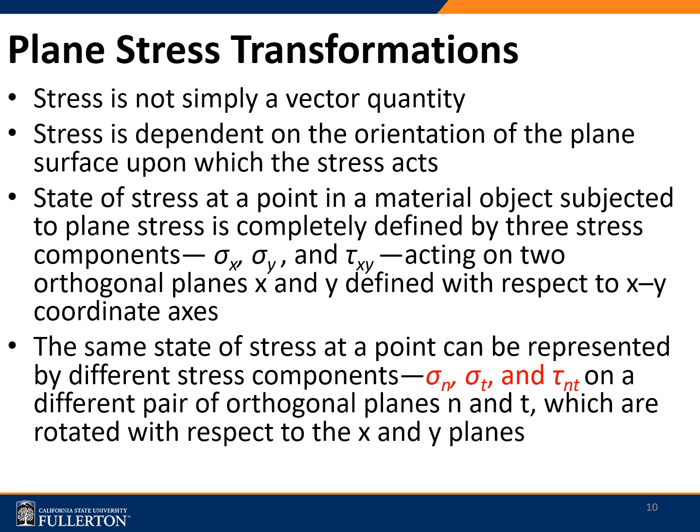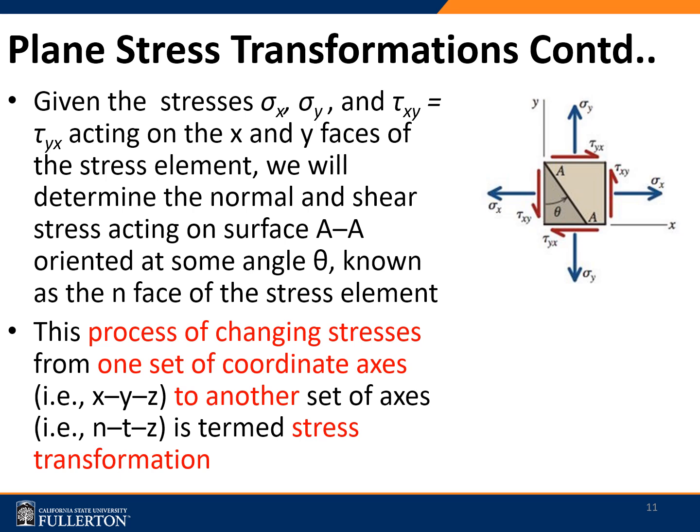Since the xy plane is transformed to the nt plane, we have the new stress components which are sigma sub n, sigma sub t, and tau sub nt. You can see here the plane is oriented at an angle theta. The AA plane or the AA surface, so we transform the stress from the XYZ plane to the NTZ plane, and we assume the Z component stresses to be equal to 0.